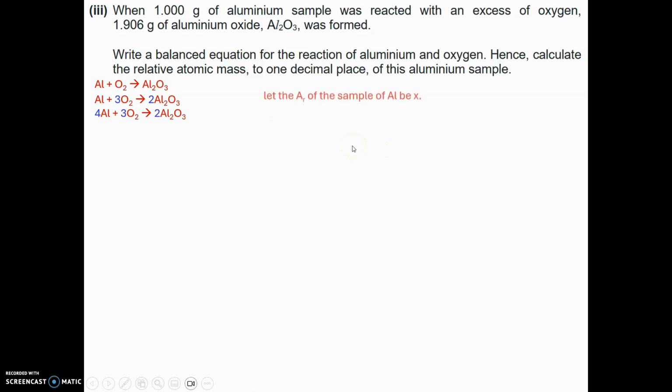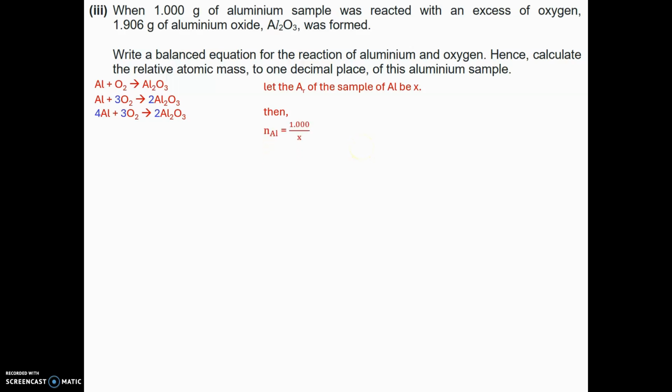So with this, we will first define the Ar of the aluminium sample to be x. We will calculate the amount of Al and amount of Al2O3 formed in the experiment.